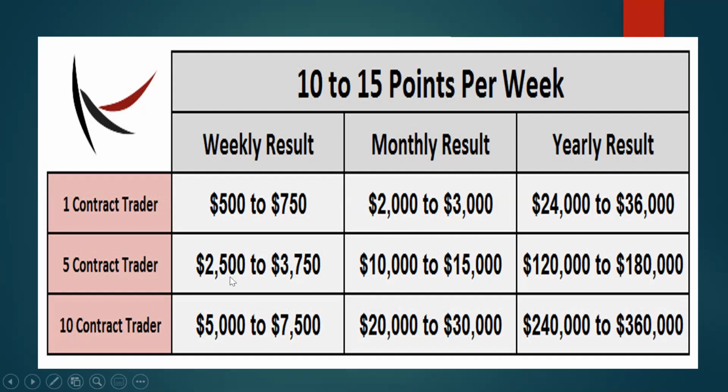Then in the second table, you may have about $2,500 to $3,700 in a week, that's your weekly result, $10,000 to $15,000 in a monthly result, and about $120,000 to $180,000.